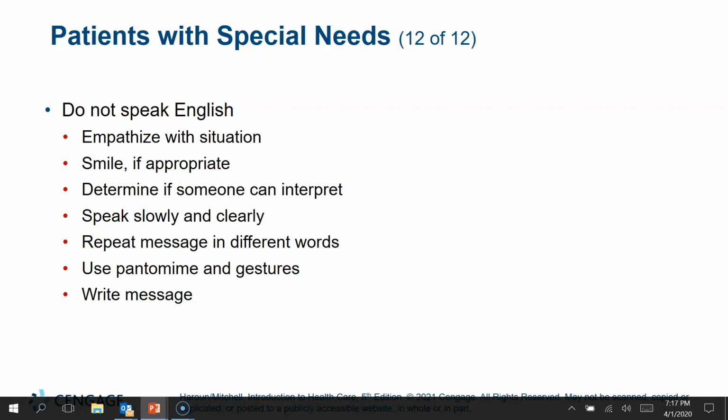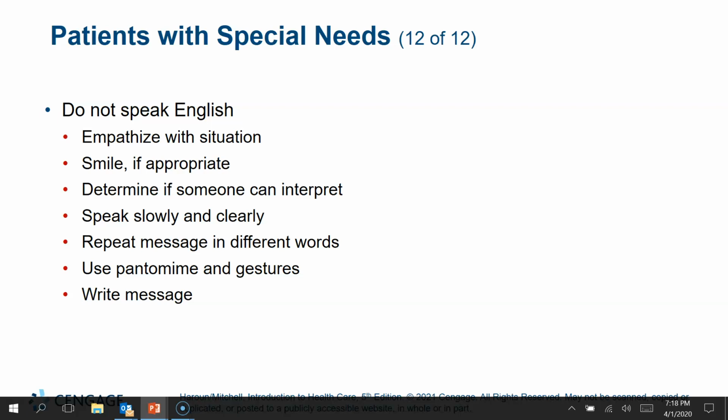If we can find somebody that translates, that's great. If we can't, there are always services. Right now we're using a sign language interpreter with our online students for people who have hearing impairments or who are deaf.